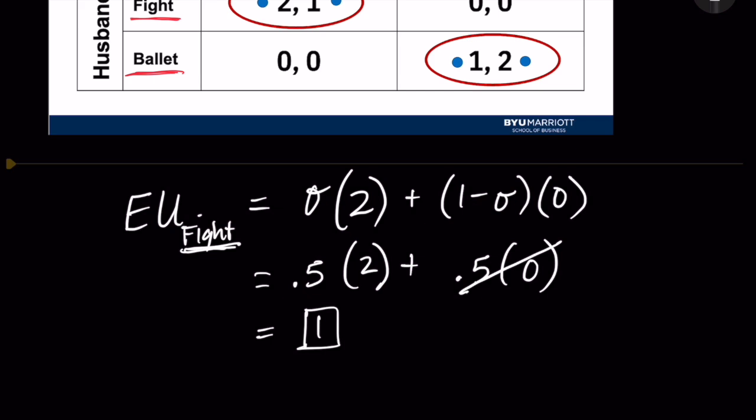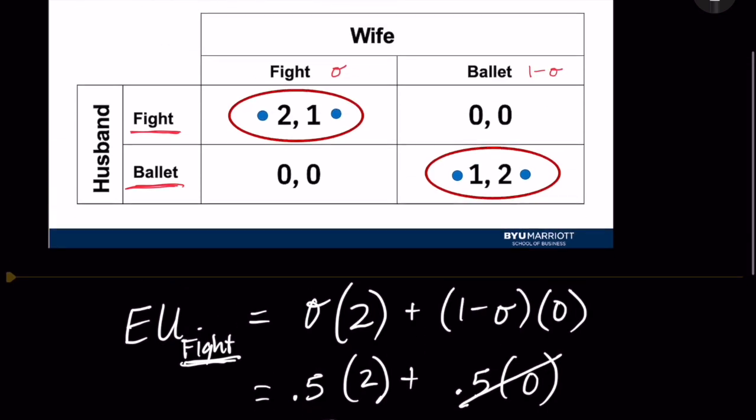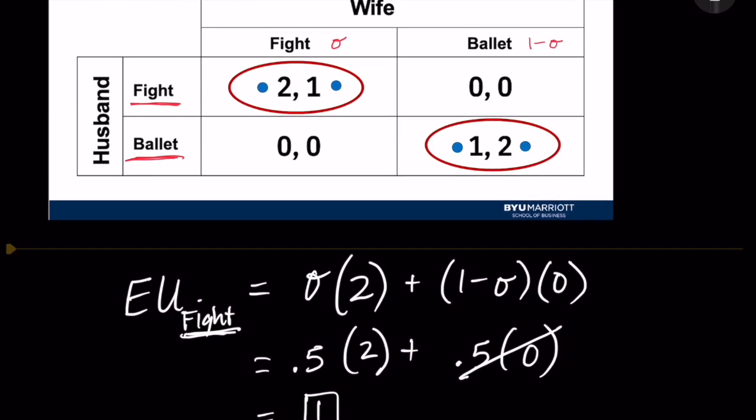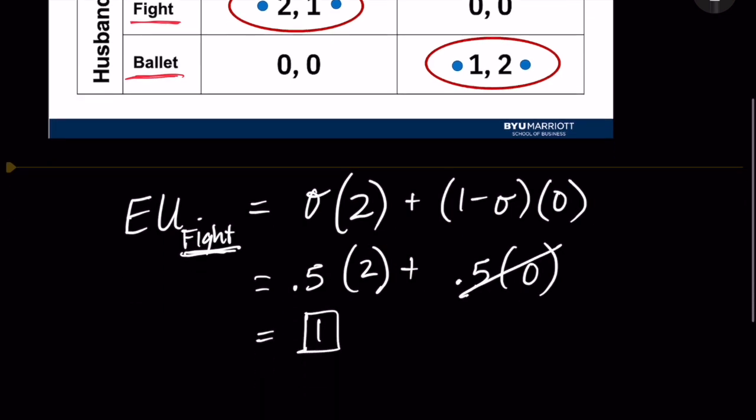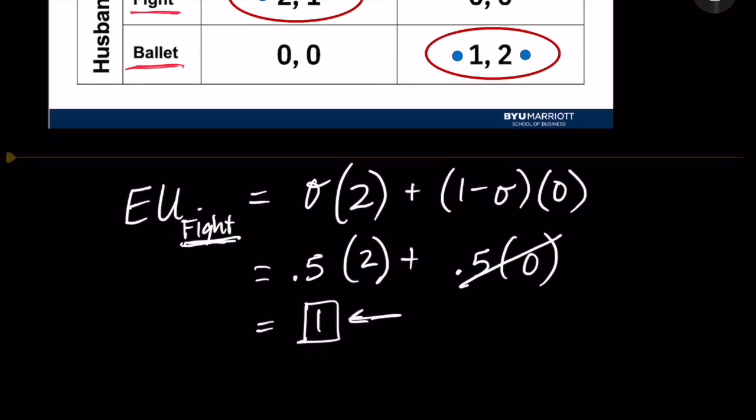What this is saying is if I, as the husband, picked fight every single time and we played this game 100 times, 50 times out of 100 she's going to pick fight and I'm going to get a value of 2, and 50 times out of 100 she's going to choose ballet and I'm going to get 0. So on average, I'm going to get 1. That's the idea behind expected utility.